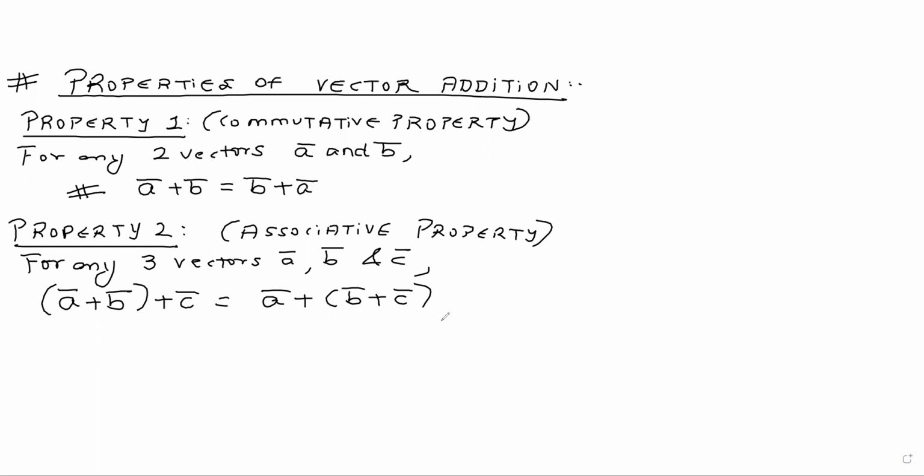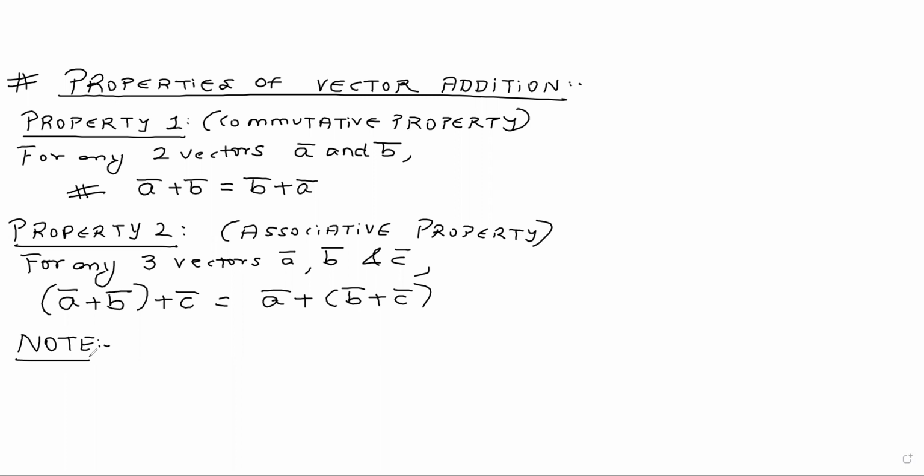So the vector addition is associative, it is commutative. We can now have a corollary here, or I can write a note to this.